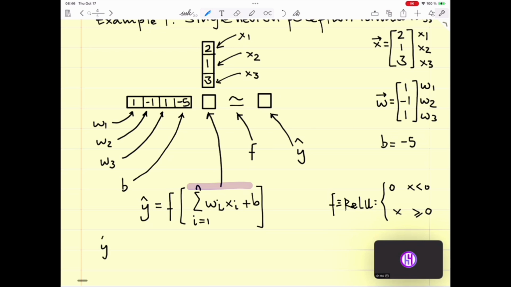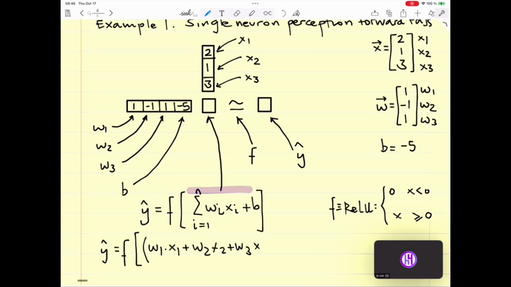So let me write the same, y. I'll do it here. It is the function of w1 times x1 plus w2 x2 plus w3 x3 plus the bias, okay?